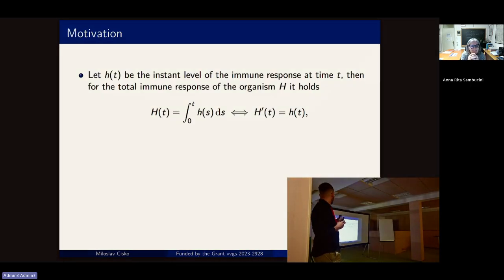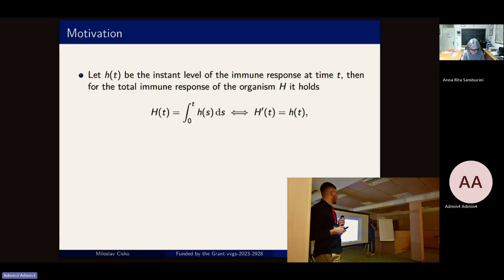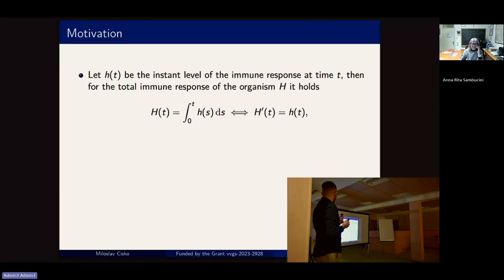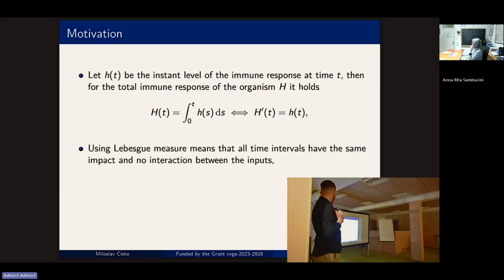We had a lot of toy examples from the motivation, and I was deciding which one to choose. Because we are modeling some biological data, I chose this biological model. Let H be the instant level of the immune response at the time. For the total immune response, we should integrate the instant level, so it is equivalent to some differential equation. What does it mean if we use Lebesgue measure here?